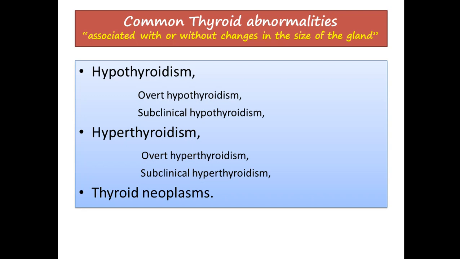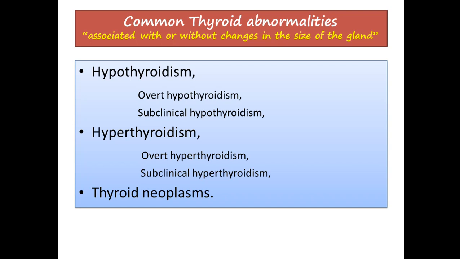While discussing the abnormalities of the thyroid gland and thyroid hormones, the three major pathological conditions are hypothyroidism, which is under secretion of the thyroid hormones, or lack of thyroid hormones, further divided when there is full-fledged hypothyroidism, known as overt hypothyroidism.